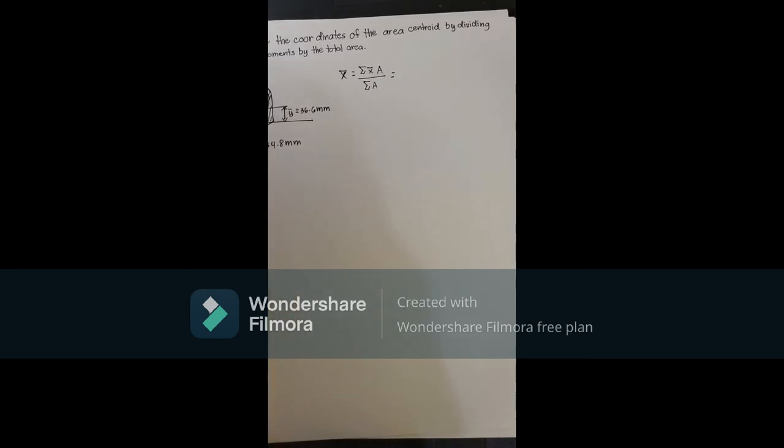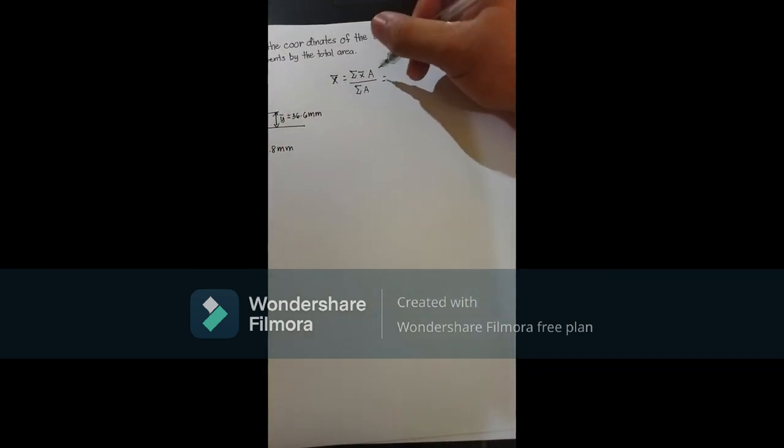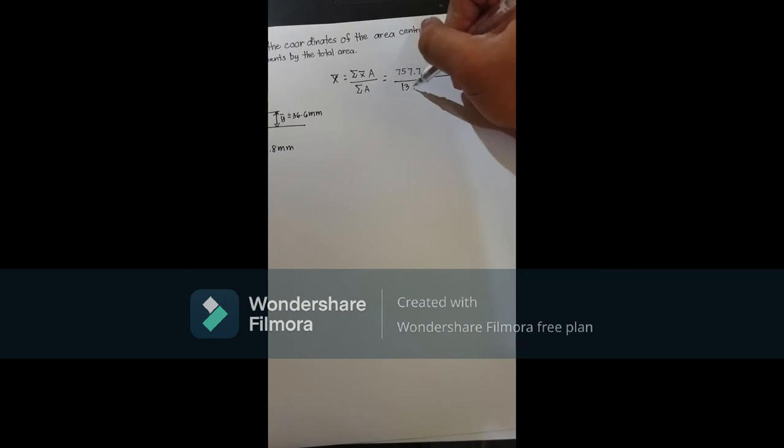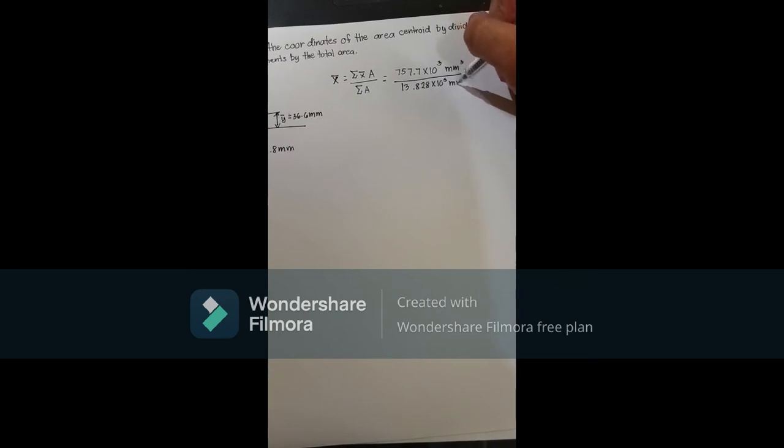On the internet there is a table, but as of now I'm just going to paste the table on the video, and I'm going to show you how they find the given. So the summation of the mean of x times area is equal to 757.7 times 10 raised to 3 cubic millimeters over the summation of the area, which is equal to 13.828 times 10 raised to 3 square millimeters.